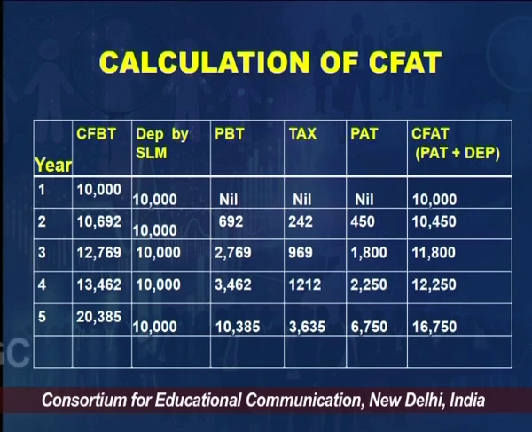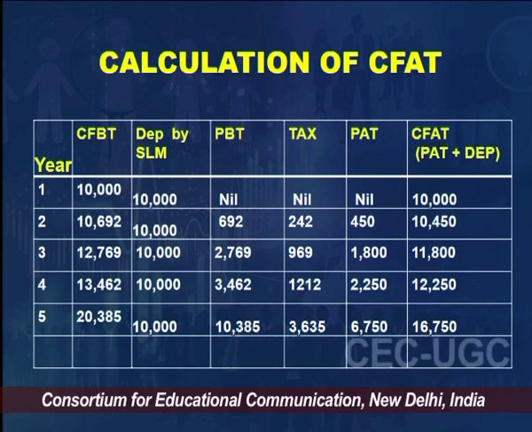So, on this value in column number 4, if we apply the tax rate at the given rate of 35%, we get the tax amount in column number 5. Since the PBT is nil in the first year, the tax would be nil, of course. Then on 692, 35% is 242, on 2,769 the tax is 969, and so on.